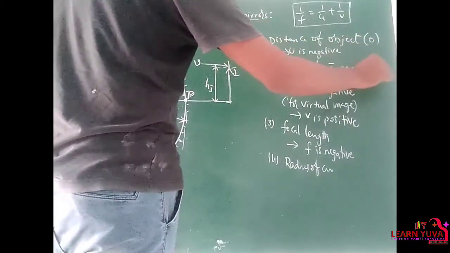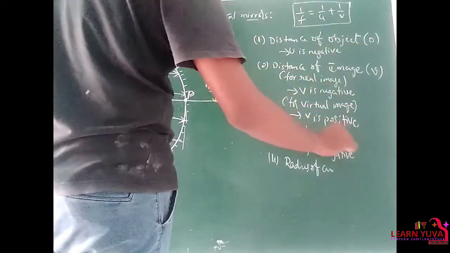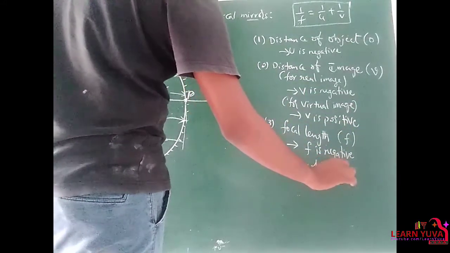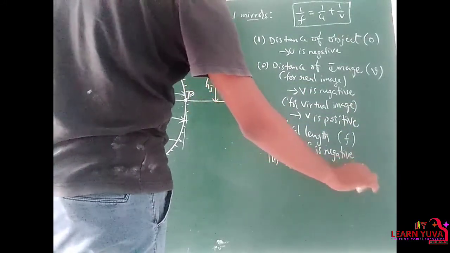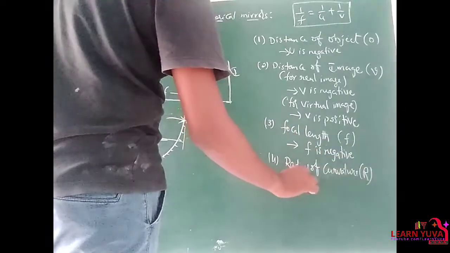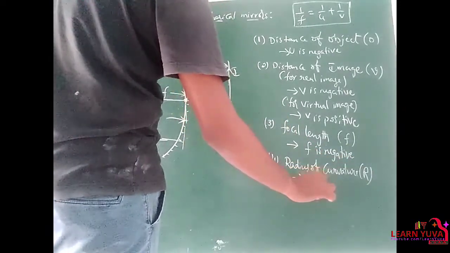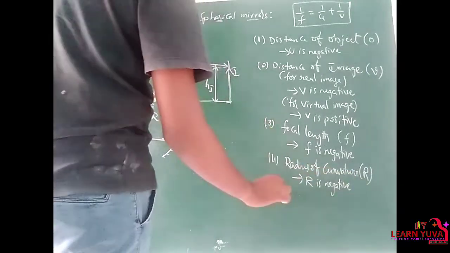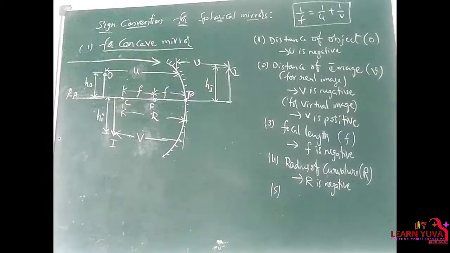Radius of curvature R. So R is also negative. Okay. Next, height of the object.